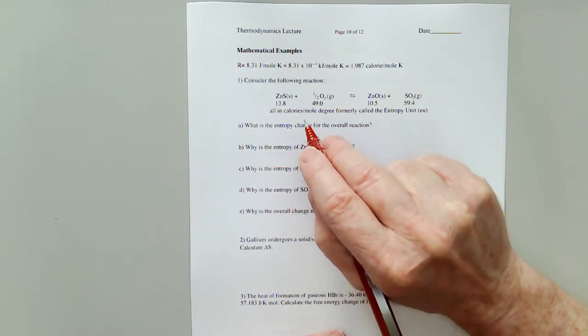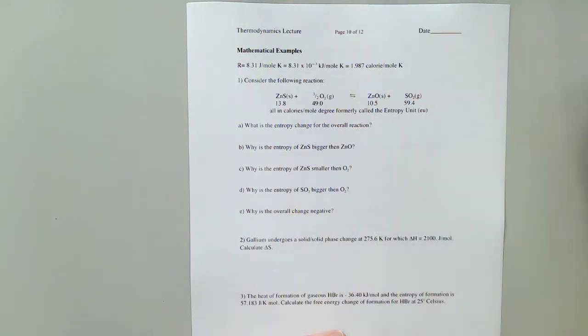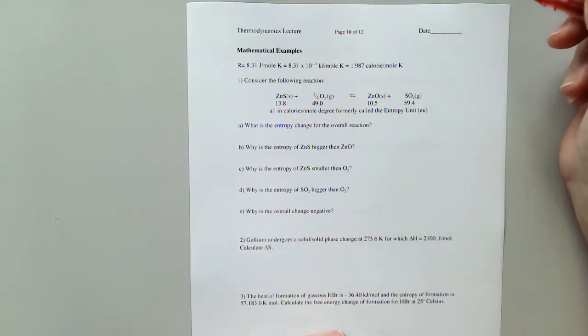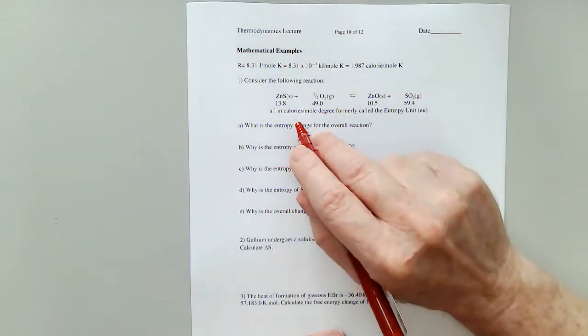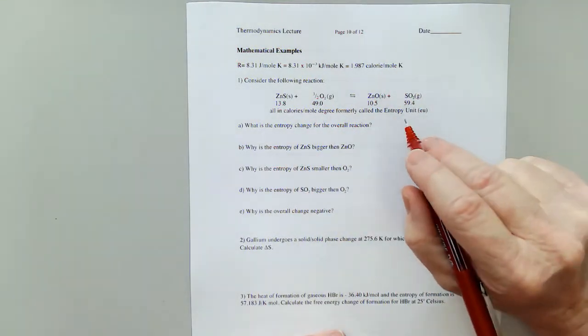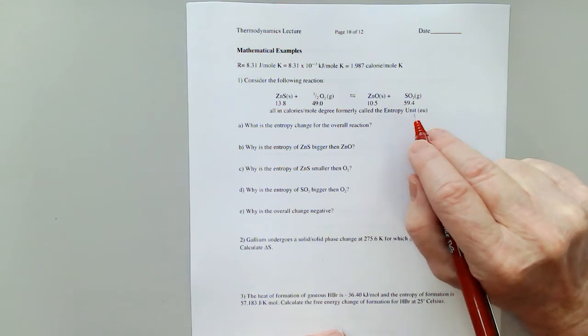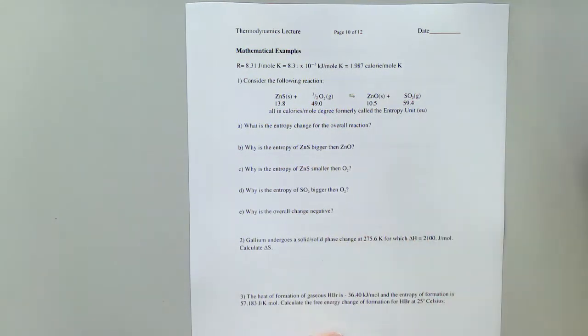We do almost everything now in joules per mole degree, but I wanted you to see one example of this in case you're looking at older literature and wonder what's going on. For a long time, this was referred to as an entropy unit, or an EU.